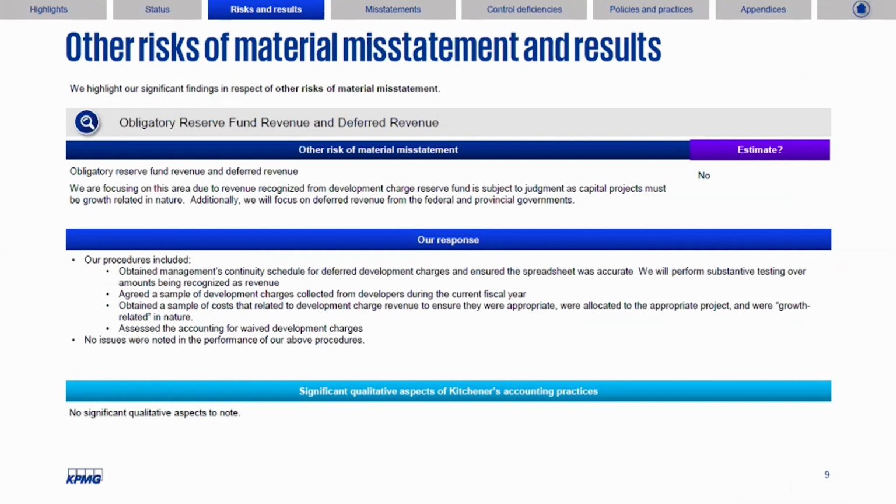The procedures we performed this year were obtaining staff's continuity and ensuring it was accurate, and testing a sample of collections of development charges and a sample of capital expenditures related to development charges, ensuring they were growth related in nature. Through our audit procedures, we did not identify any errors.